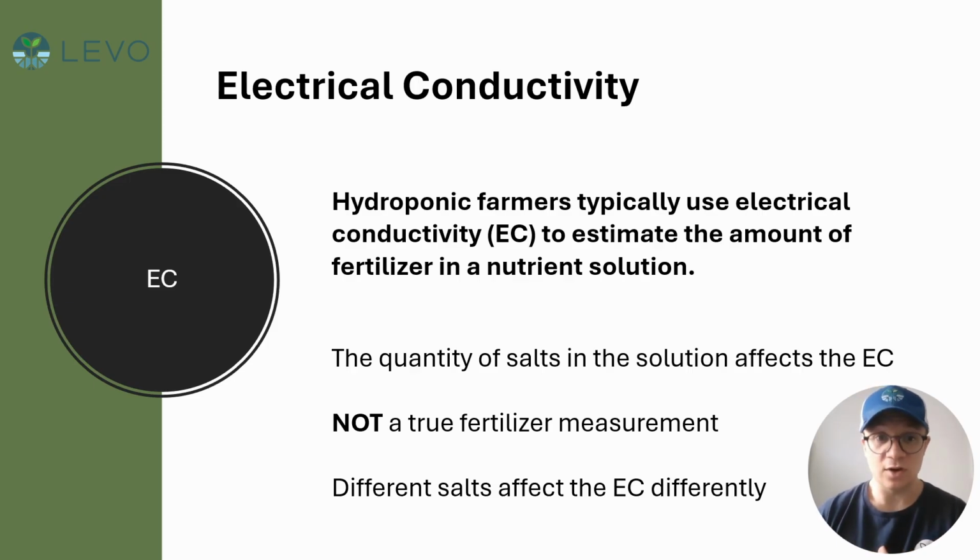Each compound, each ion will affect the conduction of electricity a little bit differently. So it's very difficult to take an EC reading and know exactly how much of any individual nutrient is present.